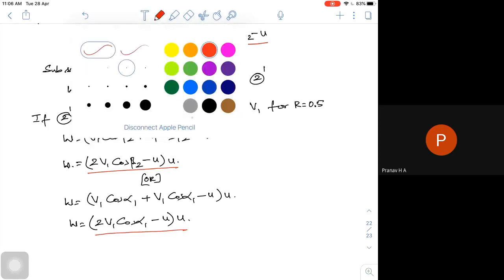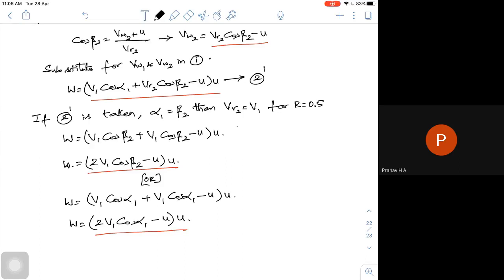I can call this as equation 3 and this as equation 4. So this is the expression for work done, which I can write in terms of alpha and beta.